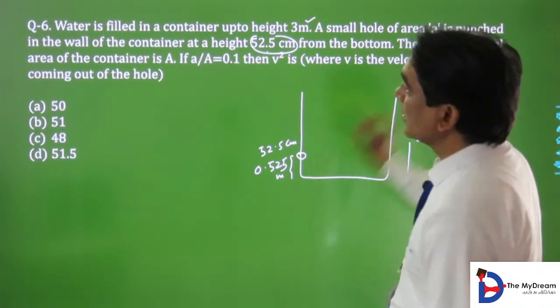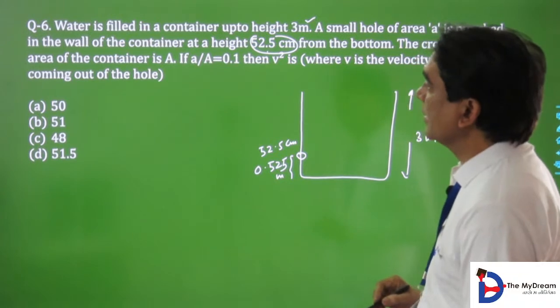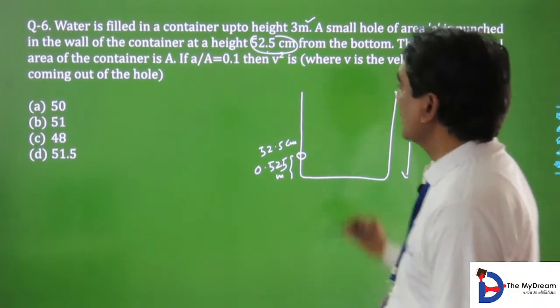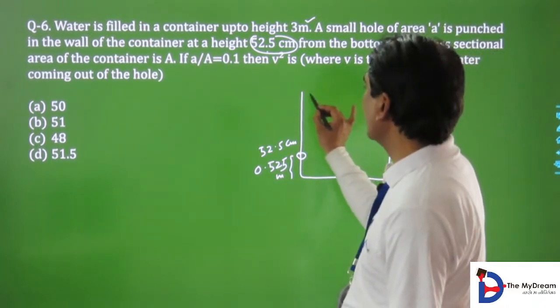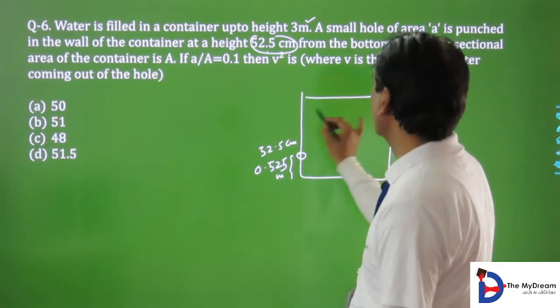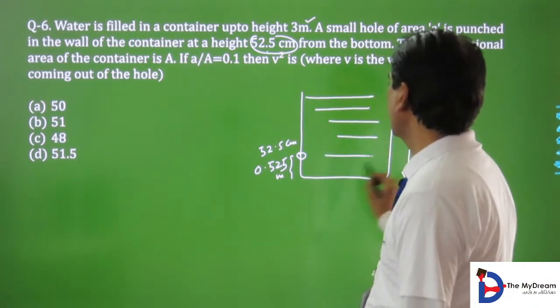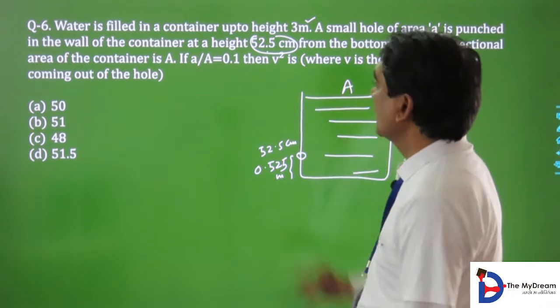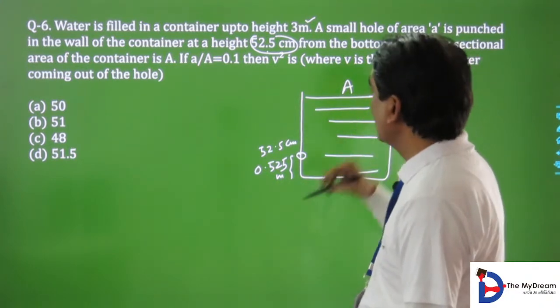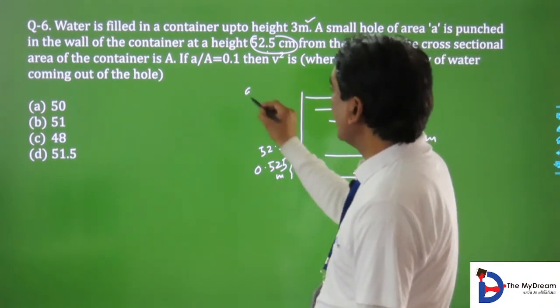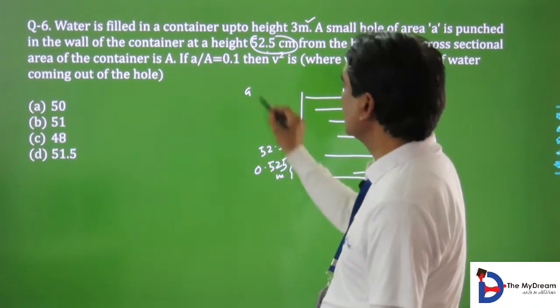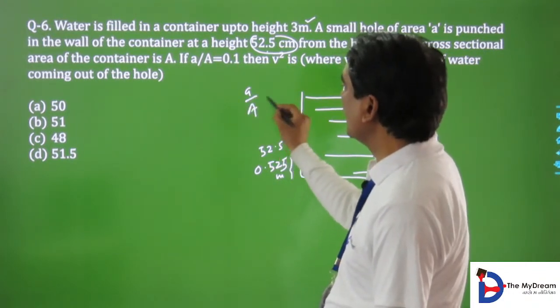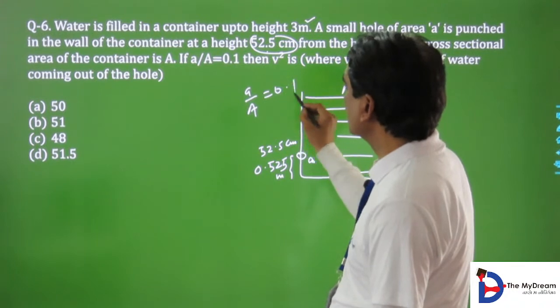So at a height of 0.525. The cross-sectional area of the container is capital A, and small a is the area of cross-section of the hole. Small a by capital A is very much smaller.